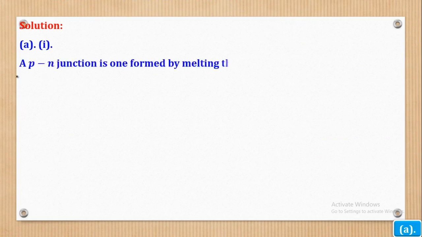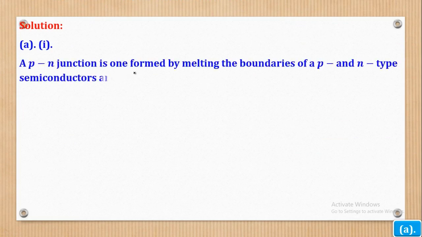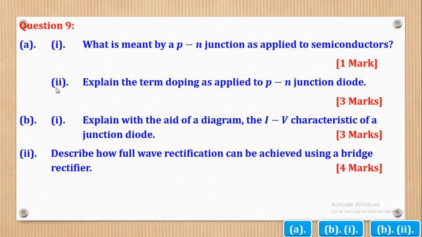So a p-n junction is one formed by melting the boundaries of a p and n-type semiconductor and joining them. So that was Roman 1. Now we shall go to Roman 2. Roman 2 says, explain the term doping as applied to p-n junction diode.